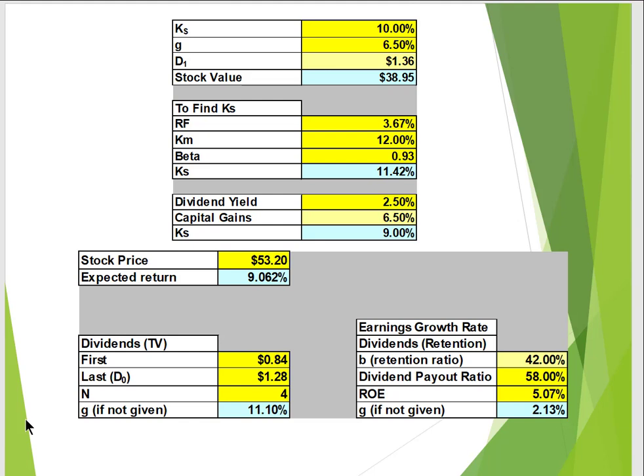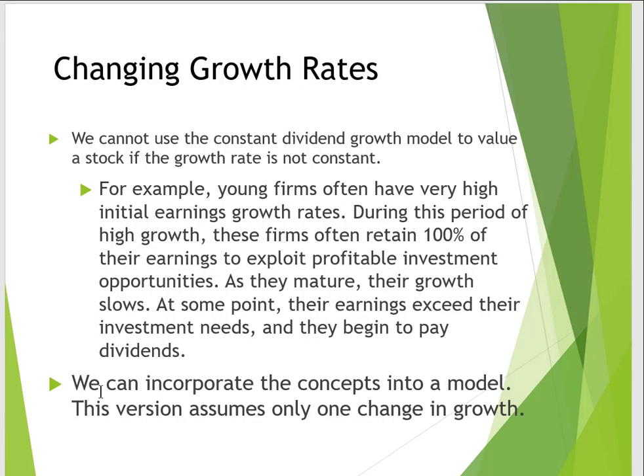And throughout some of our videos, we've talked about how you gather the data for historical prices, for historical dividends, etc. So we can't use this constant dividend growth model if the growth rate's not constant. There are certain kinds of companies, think about technology, where the growth rates on earnings change frequently, mostly because of innovation.